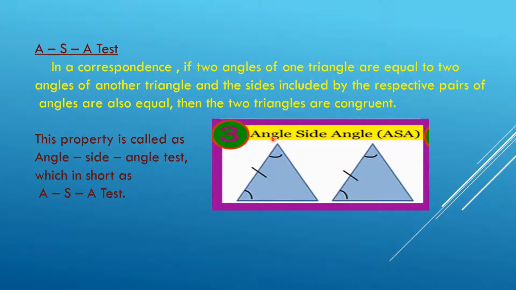In this figure, this is one angle, this is another angle, that means two angles and including side of one triangle are equal to two angles and including side of another triangle. Therefore these two triangles are congruent. This property is called the angle-side-angle test, in short the ASA test.